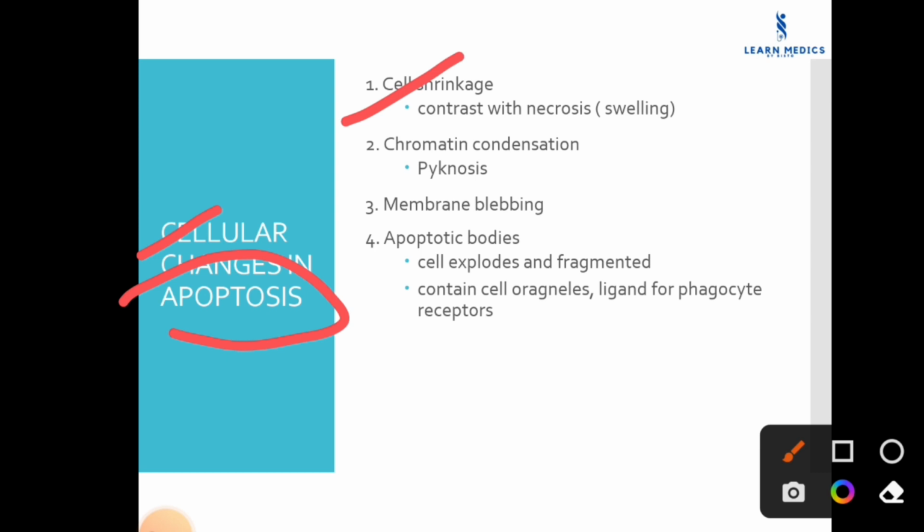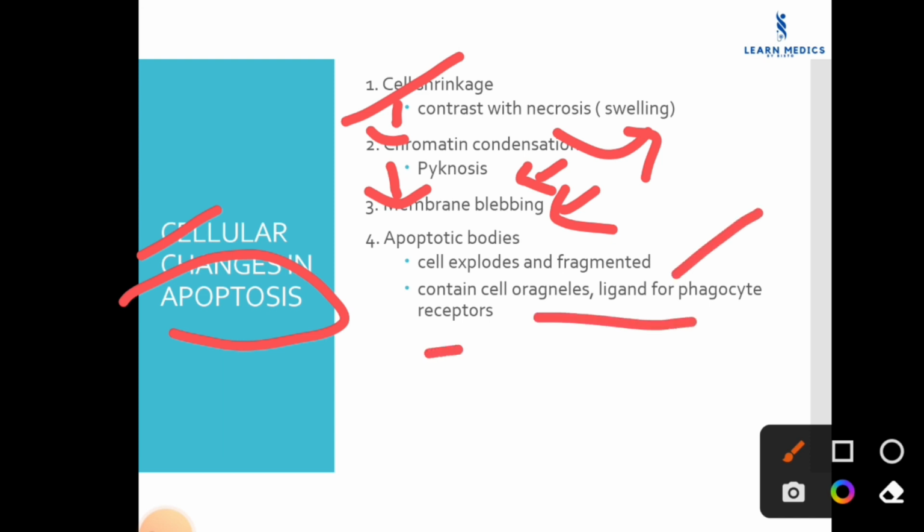First is cell shrinkage, in contrast with necrosis, where the cell swells. Then chromatin condensation, pyknosis, which I already mentioned in my cell injury video, and membrane blebbing. Apoptotic bodies are formed when the cell fragments, containing organelles and ligands for phagocyte receptors.